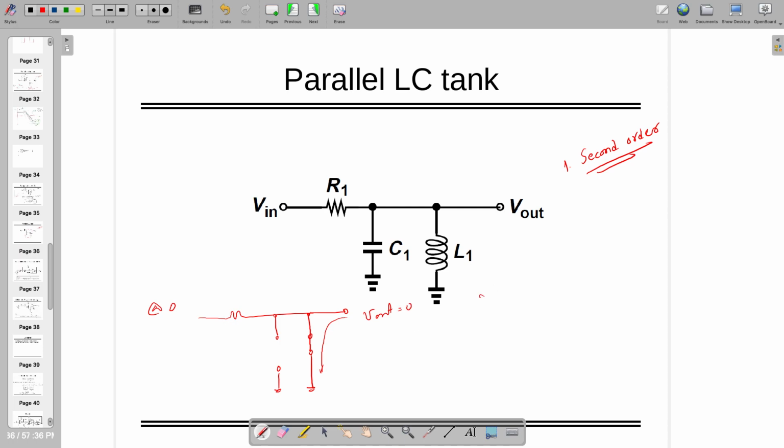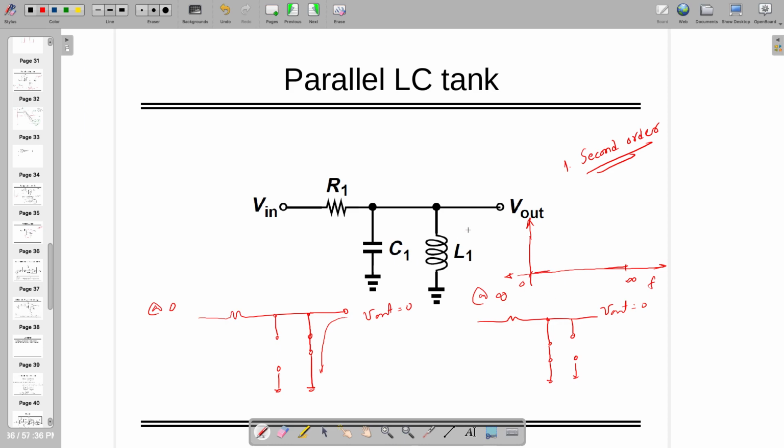At high frequency, this is short circuit and this is open. So V out is again zero, at low frequency and high frequency. So what is happening in between?